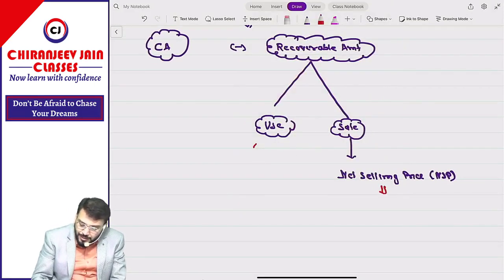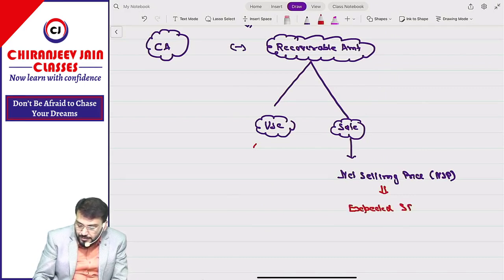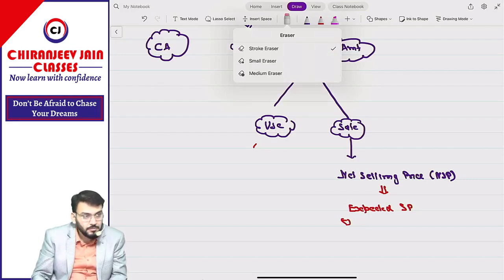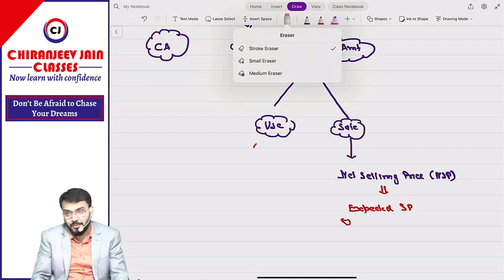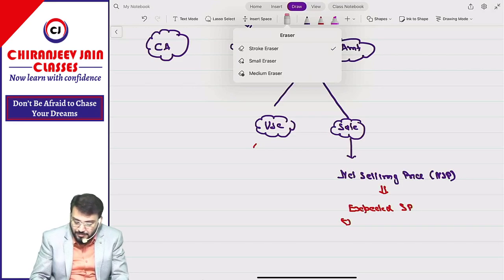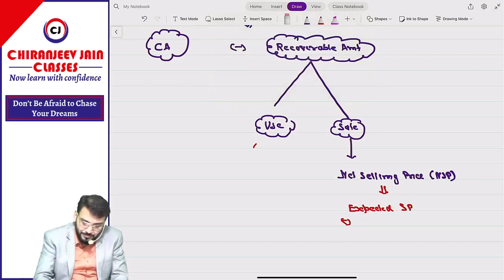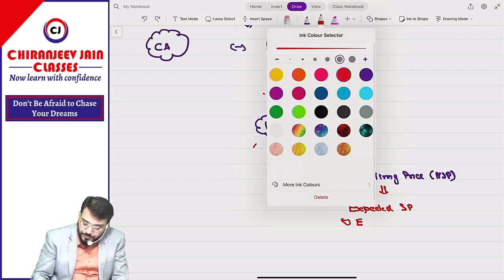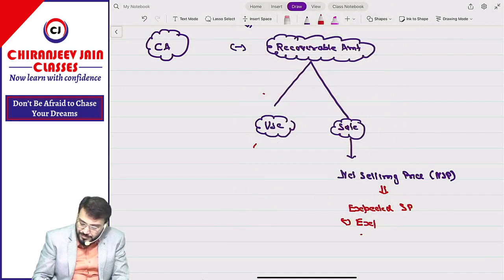Net selling price is nothing but expected sale price minus cost of disposal, that is, the expected selling expense. Okay.